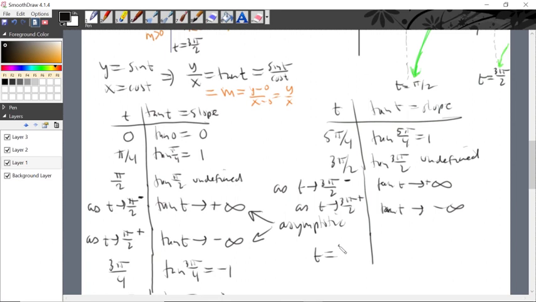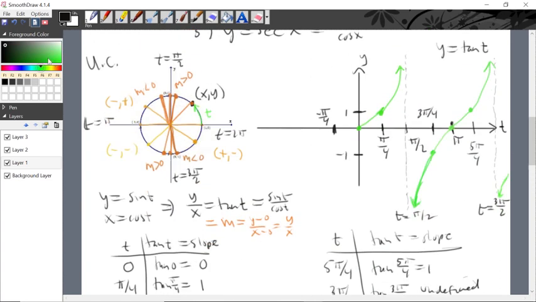If t is equal to negative pi over 4, then the tangent of negative pi over 4 is equal to negative 1. So at negative pi over 4, we have a point at negative 1. This is smoothly and continuously going to reach that point, and then we're going to continue downward in this fashion. We should expect to approach another vertical asymptote here.